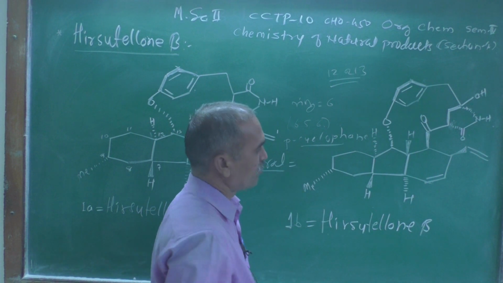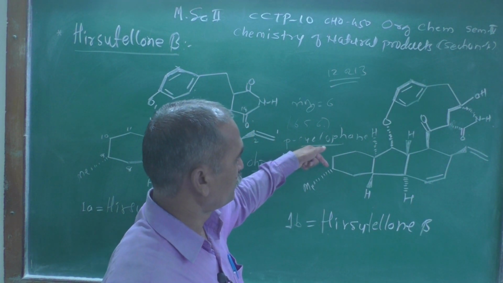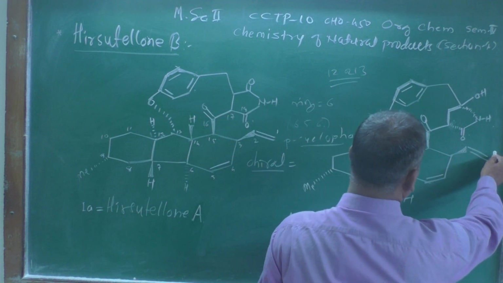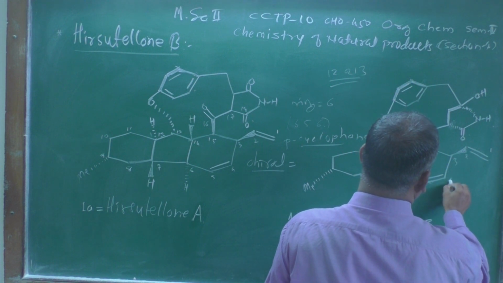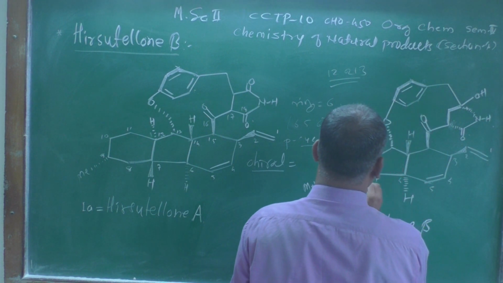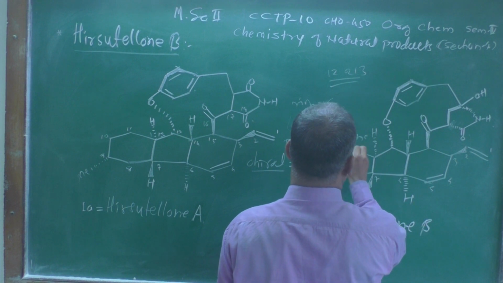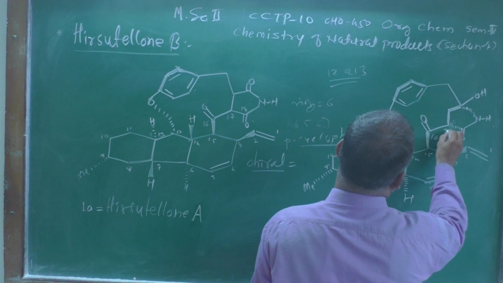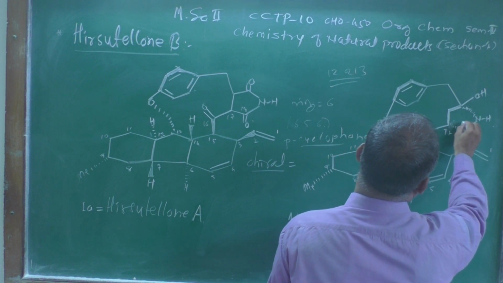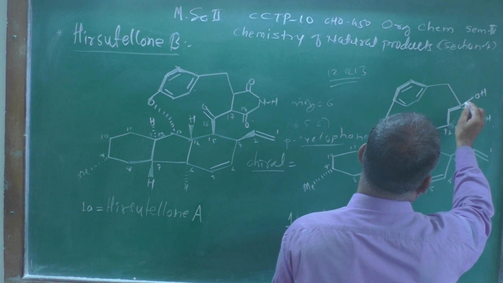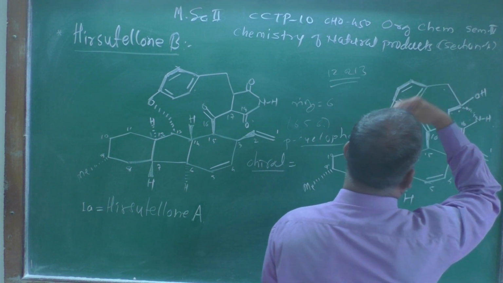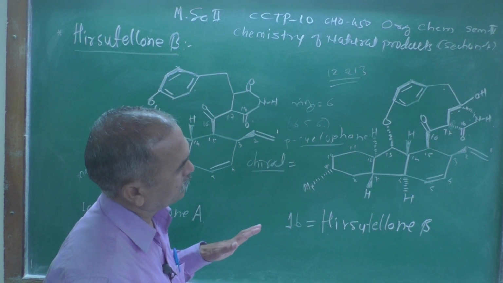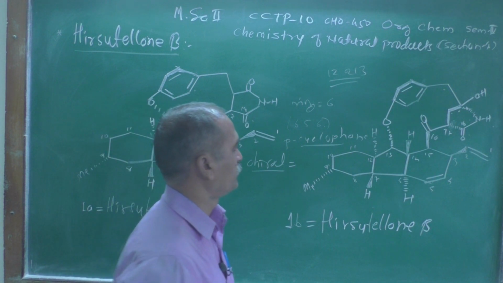So if you see here, starting from here, the numbering as usual 1, 2, 3, 4, 5, 6, 7, 8, 9, 10, 11, 12, 13, 14, 15, 16, 17, then 18, then 19, 20, 21, like this. Remember here the chiral center.